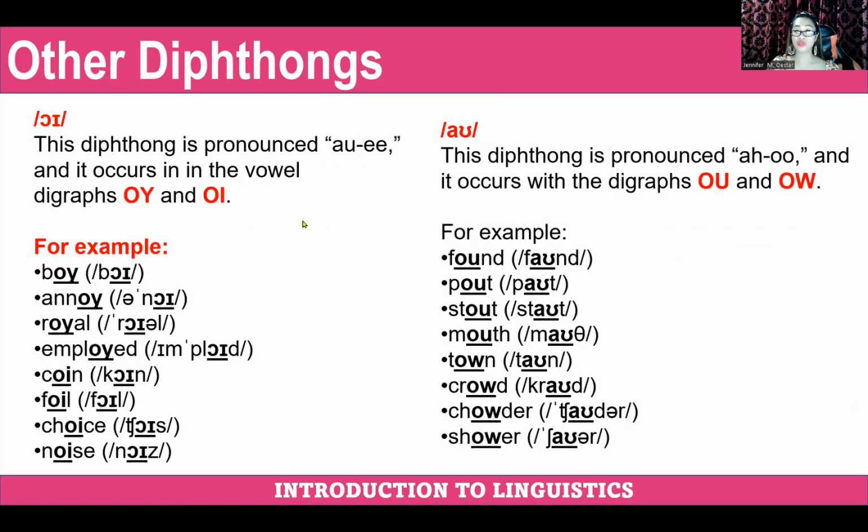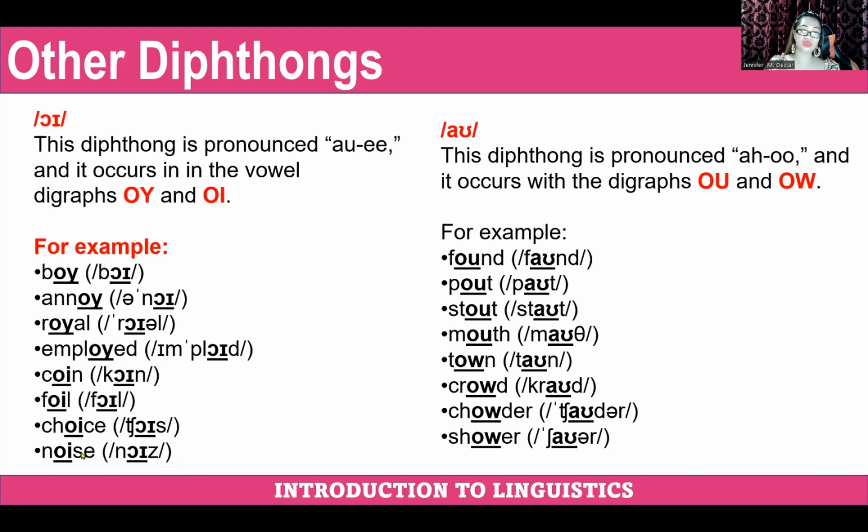To continue, since we have 8 diphthongs, I have to introduce you to more. This one is the oi sound. This diphthong is pronounced as oi, and it occurs in the vowel digraphs oi and oy. For example, boy, annoy, royal, employed, coin, foil, choice, noise.